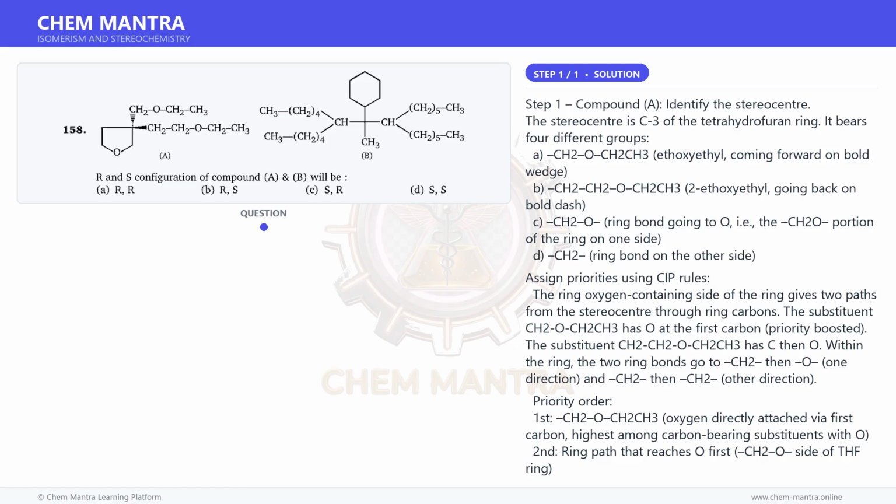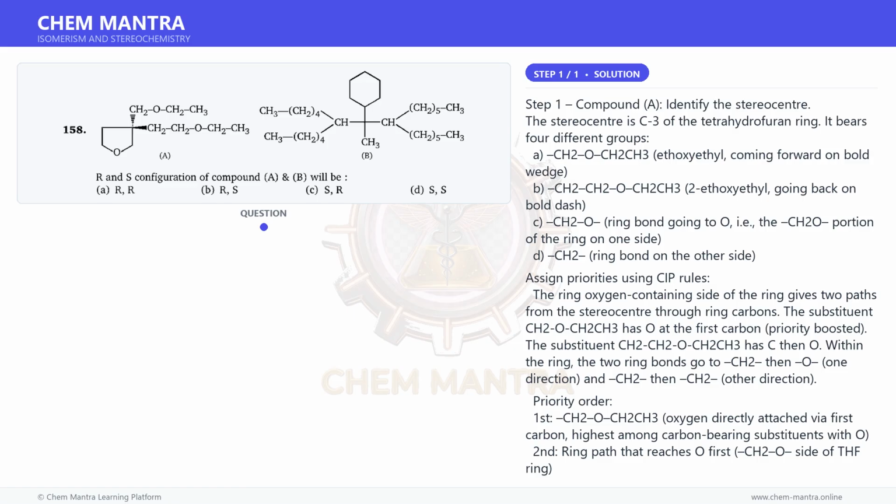Second, ring path that reaches O first, CH2O side of THF ring. Third, CH2CH2OCH2CH3, O is 2 carbons away. Fourth, ring CH2CH2 path, no heteroatom nearby.